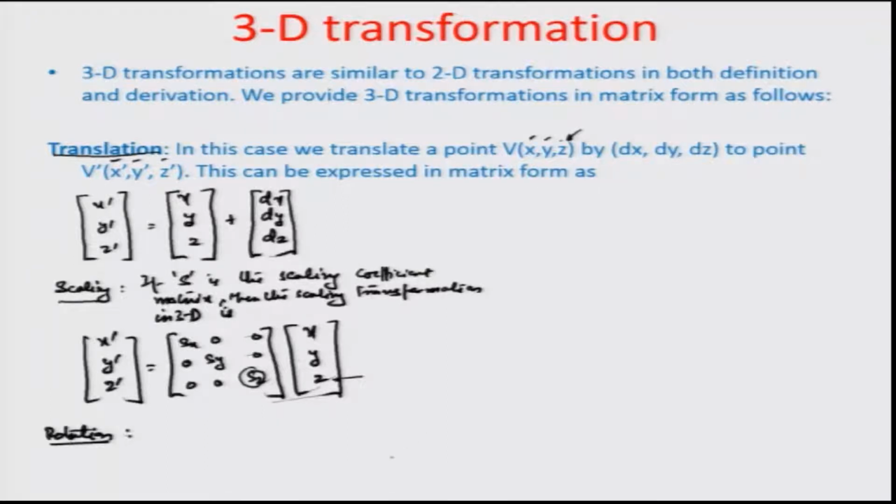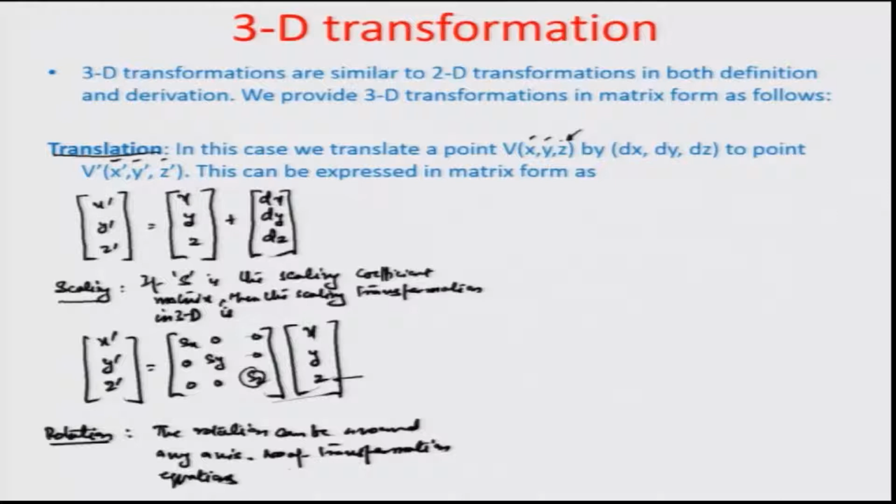And then when we talk about rotation, obviously we have already recorded that rotation can be around any of these axes x, y and z. And therefore the number of transformation equations for 3D space are 3, one along the x axis, one along the y axis and one along the z axis.